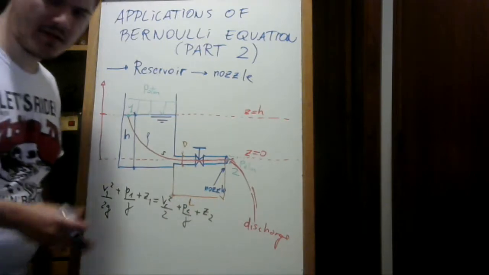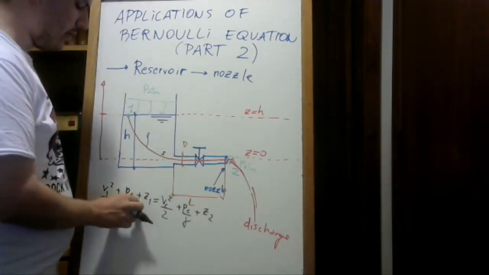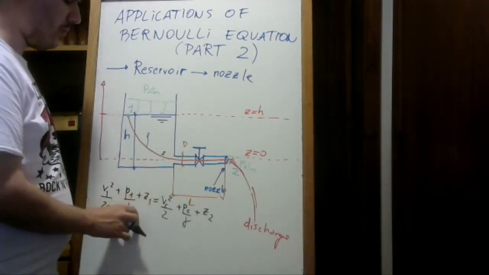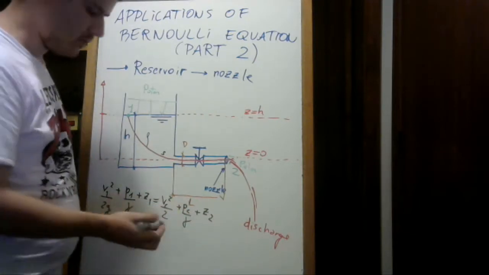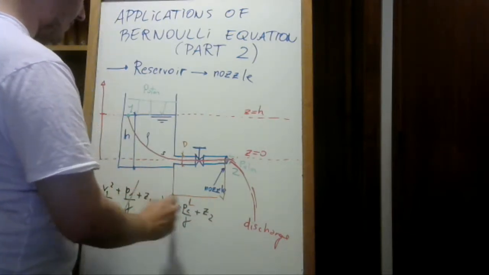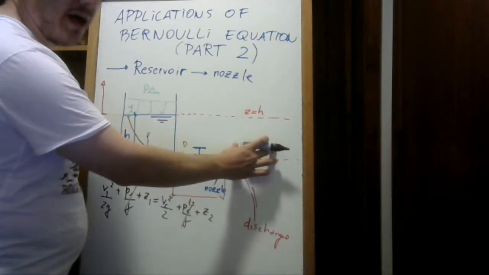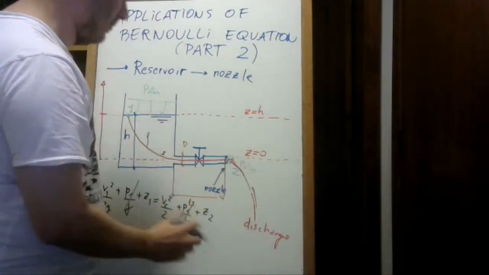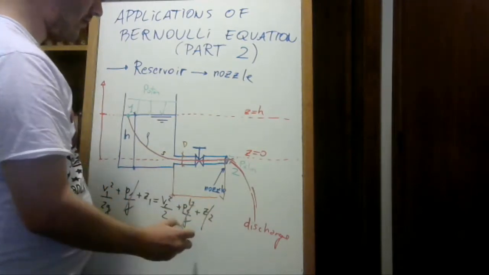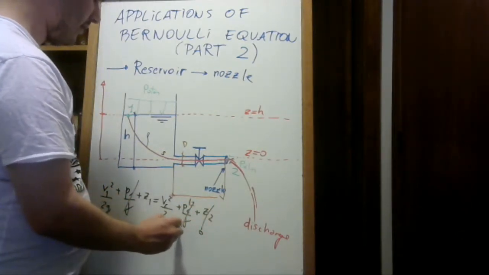Well, as I stated before, the relative pressure at point 1 and point 2 is 0, so we can neglect these terms. The reference height for point 2 is 0, so this term also vanishes. They are both 0.